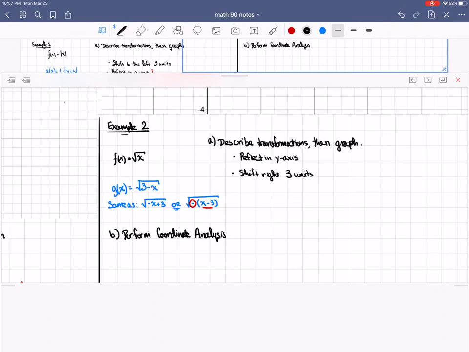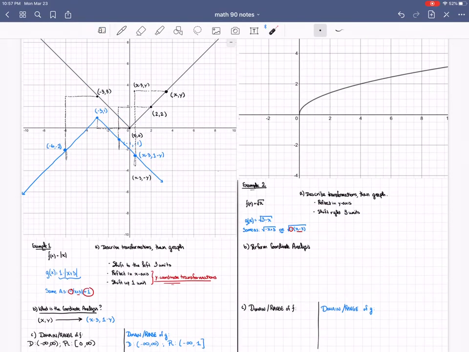The reason that I'm going to encourage you to rewrite the square root of 3 minus x, or a function like this, in this format where the negative is factored out, is that you can see really clearly that if you do the reflection first, which is our general rule of thumb, you don't have to do the reflection first, but that's generally our convention. We reflect first. Once you've done the reflection, the shift is to the right, not to the left.